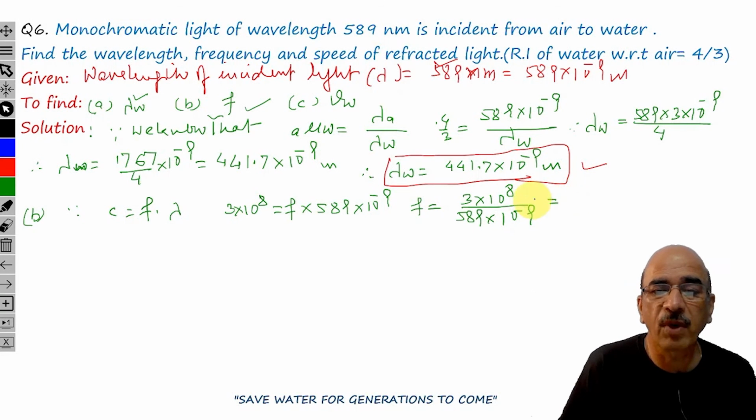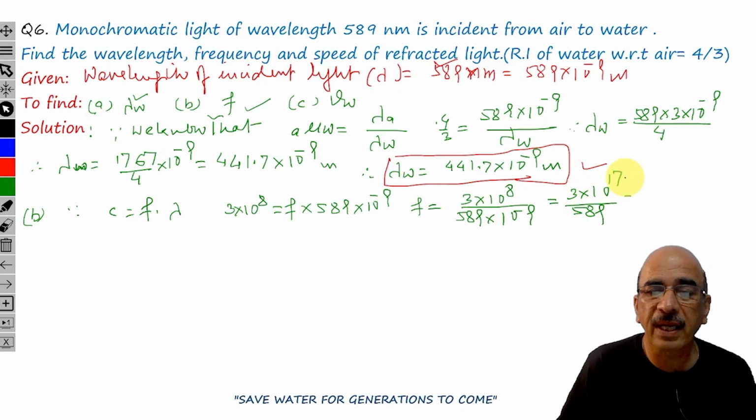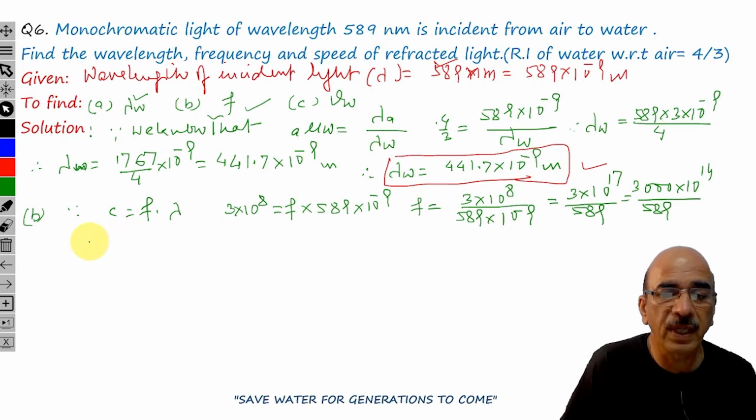See, solving this is very easy. Okay, don't panic. So minus 9 goes up, so it will be plus 9. 9 and 8 is 17. So it will be 3 into 10 raised to 17 upon 589, and 3 upon 589, so what do we do? We take out 1 zero from it. It will be 3 into 10 raised to 14 upon 589. Okay, now we solve it.